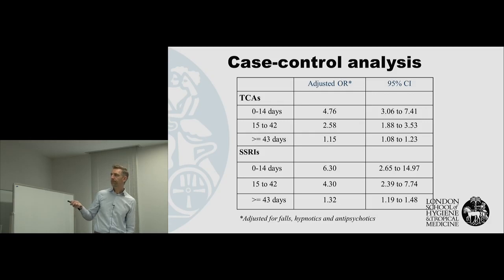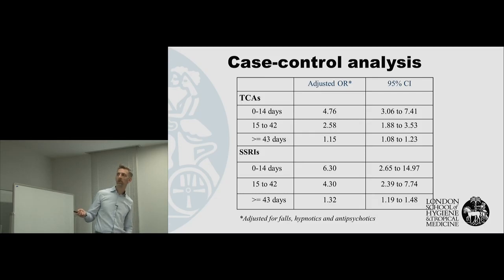Now, we noticed that the confidence intervals for both of these estimates are quite broad and they overlap each other. But still, the results are consistent with maybe a higher association for SSRIs, a worse association than for tricyclics.